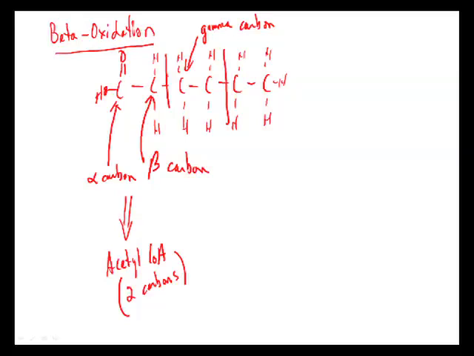So now we break the bond between the beta carbon and the gamma carbon. And this too then becomes acetyl-CoA. And these last two carbons then also become acetyl-CoA. And those acetyl-CoAs will enter into the citric acid cycle. They will react with oxaloacetic acid, that 4-carbon molecule, to produce citric acid. And then it goes through the process like we walked through.